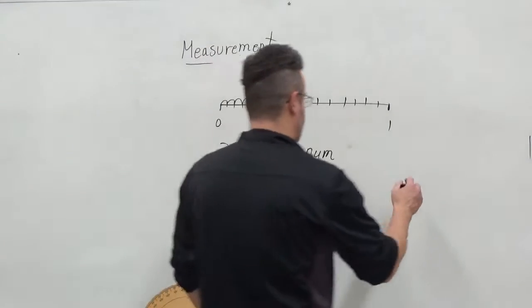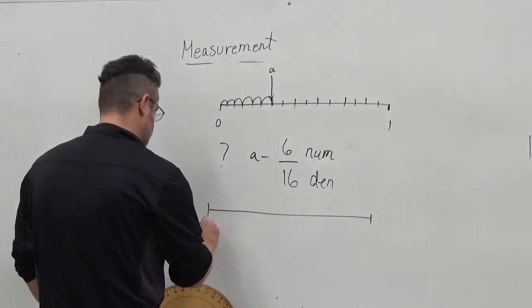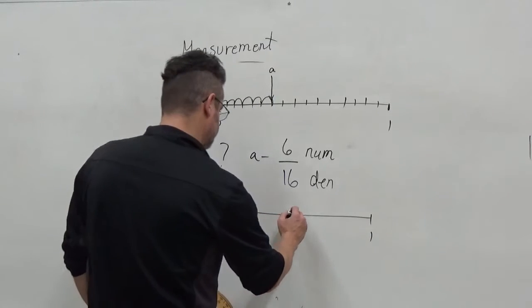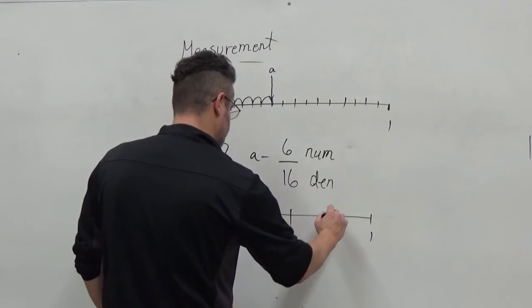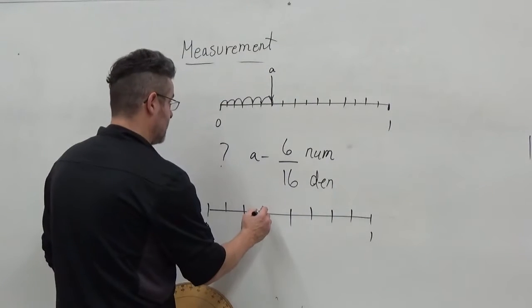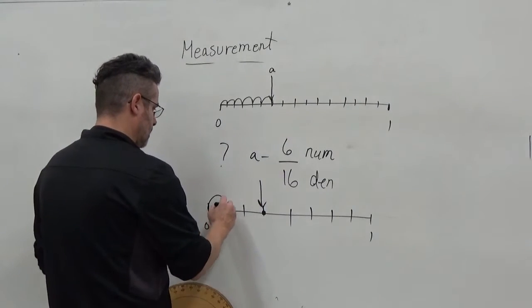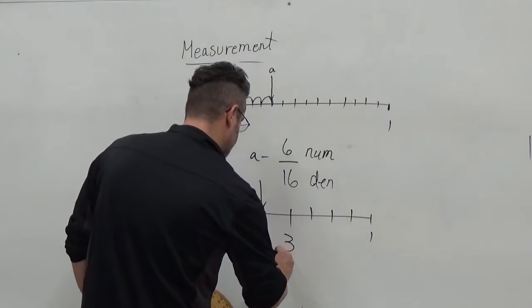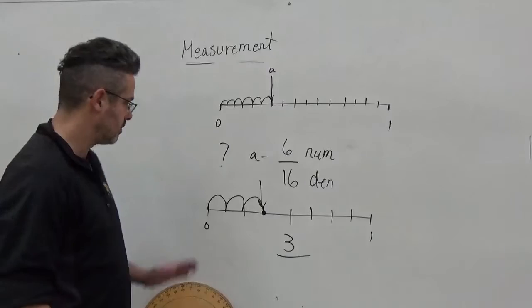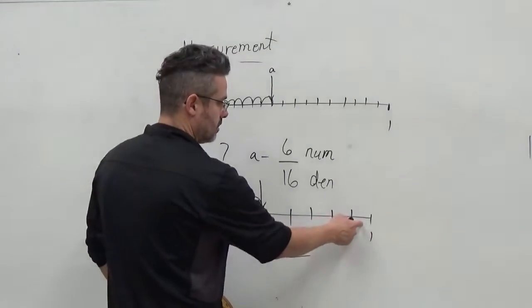Let's say that I had this. 0, 1, and I had this one, which is actually in the same spot. 1, 2, 3. Well, 3 what? What fraction of this inch? It's broken up into 8ths.